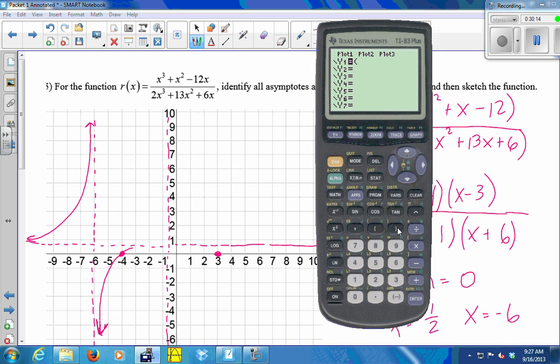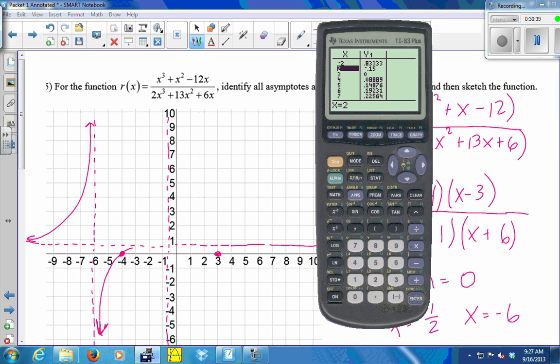Okay, x cubed plus x squared minus 12x. Plug in negative 2, I get 0.833.